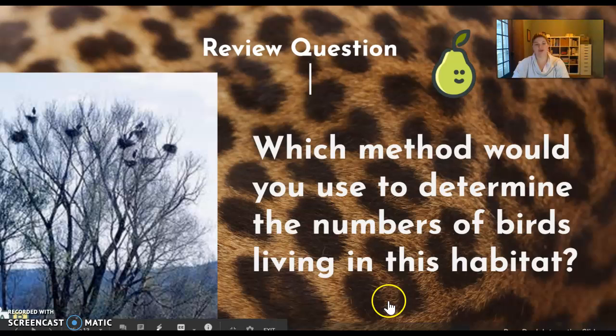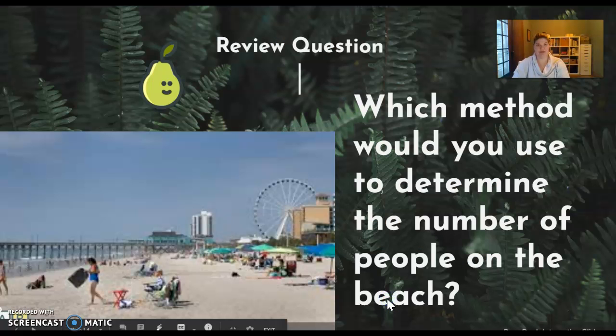I would be using indirect observation. And which method would you use to determine the number of people on a beach? If I am monitoring this beach, I could probably just use direct observation because there's not too many people out and it's not a very large area.